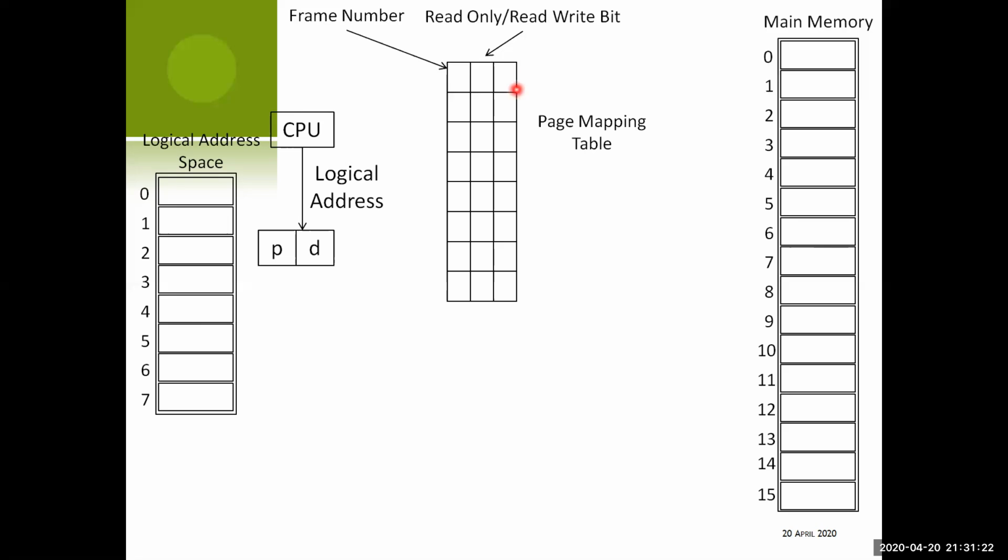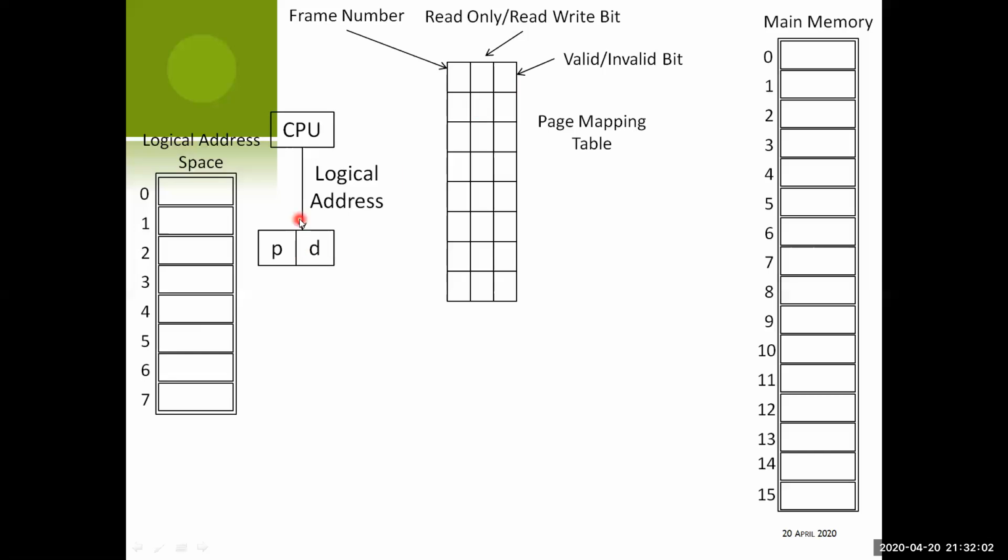The third column holds the valid or invalid bit, a special bit which represents whether the page is currently loaded into the main memory or not. If a page is present in the main memory, then the valid bit is set. If the page is absent from the main memory, then the invalid bit is set.